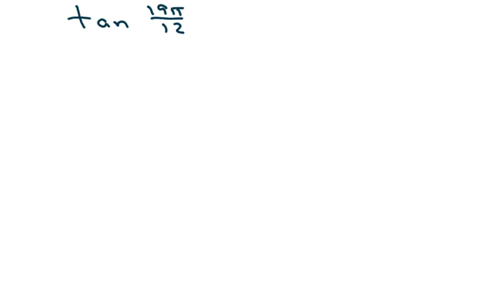Okay, the last two are in radians. Let's turn the light on. So we have tan of 19 pi over 12. And I usually simplify this as tan of 15 pi over 12 plus 4 pi over 12.